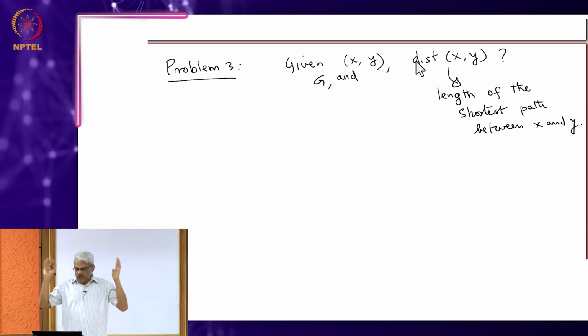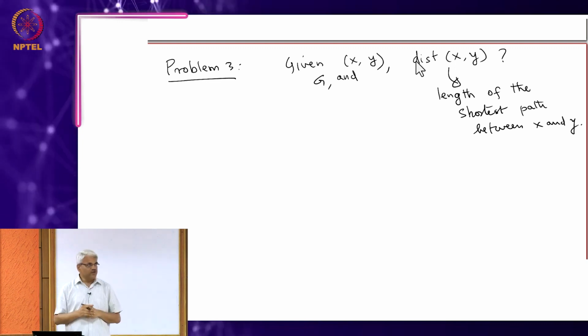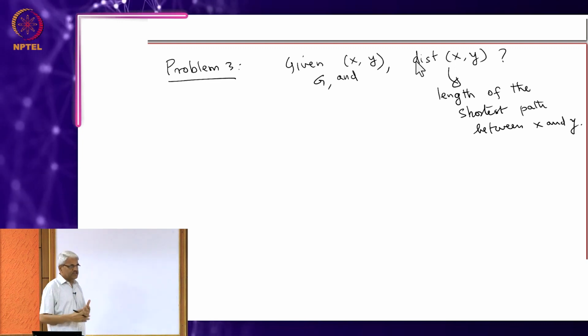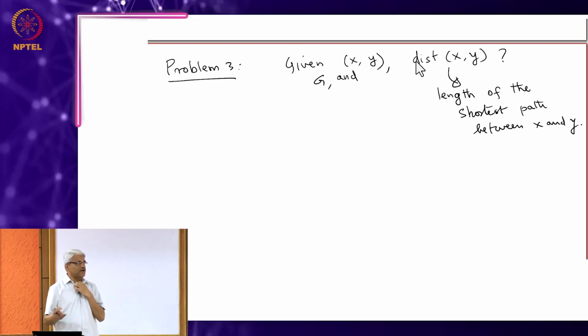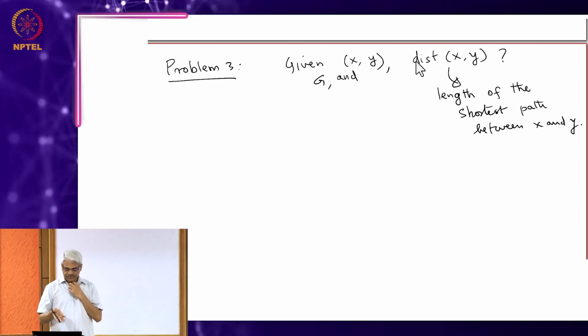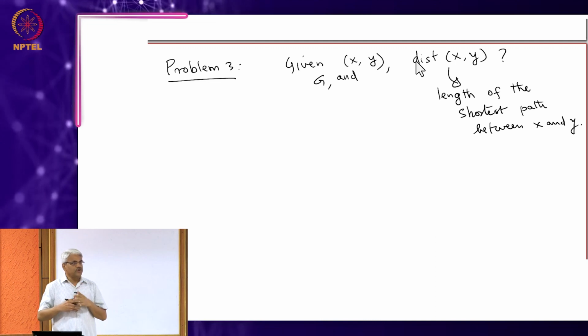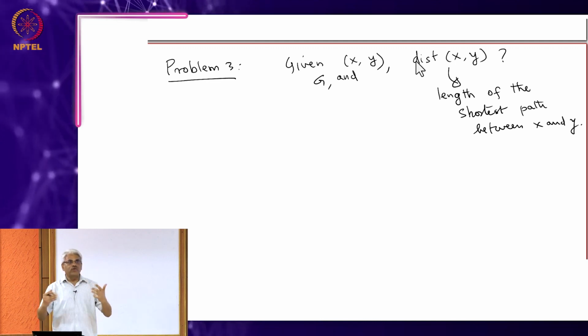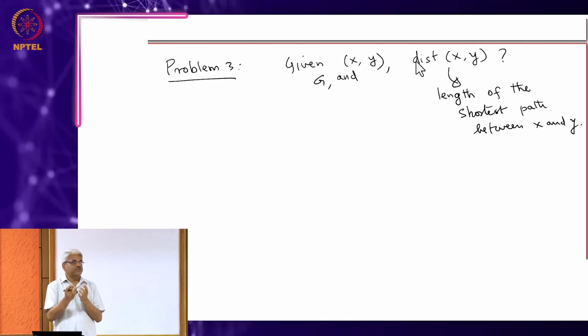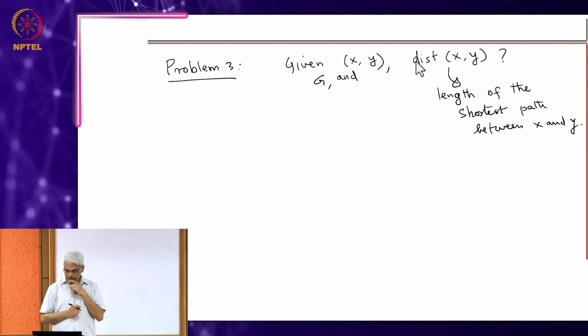Okay, so you can show, which you will see when we talk about lower bounds, that pretty much if I have to answer this question exactly, you have to remember the whole graph. So I'm going to now relax and say, okay, I don't want it exactly, give me some approximate distance. Okay.